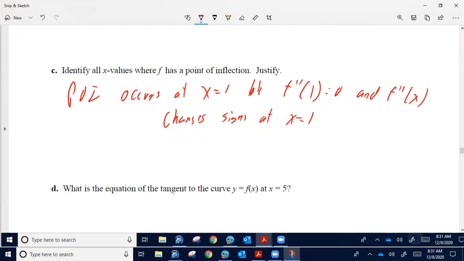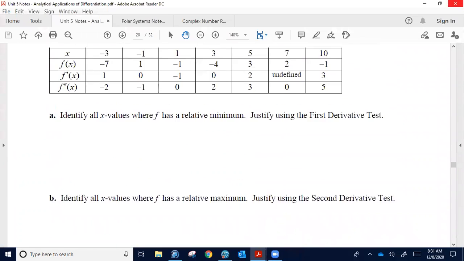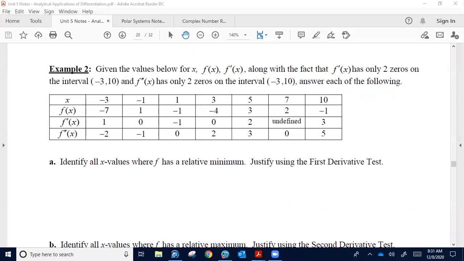All right, then last, write the equation of the tangent line. We always need the x value, the y value, and the slope value. We know x is 5. The original problem will give us the y value.